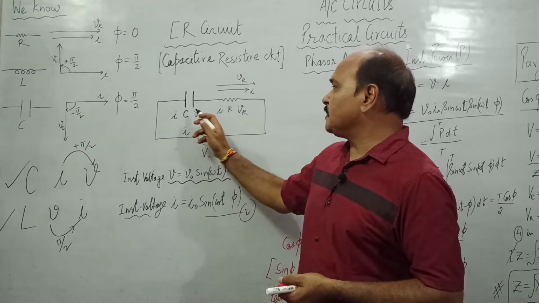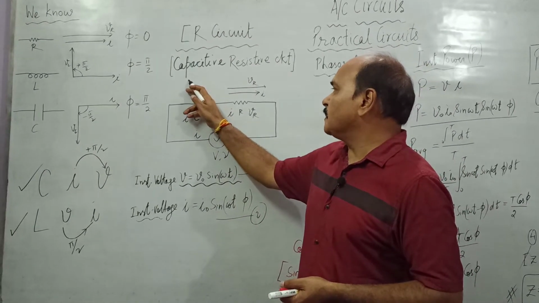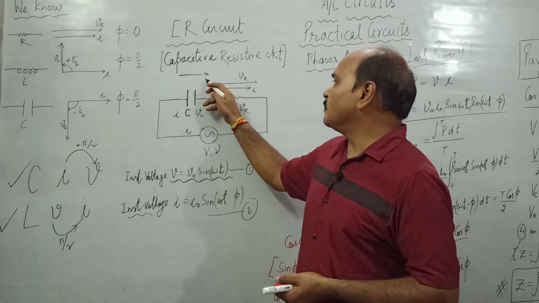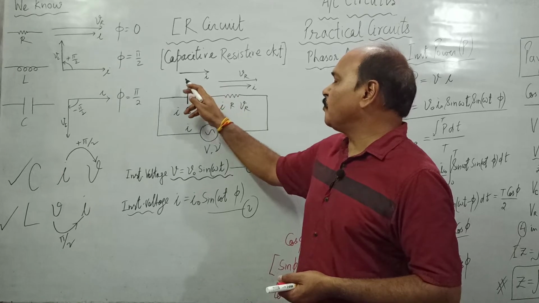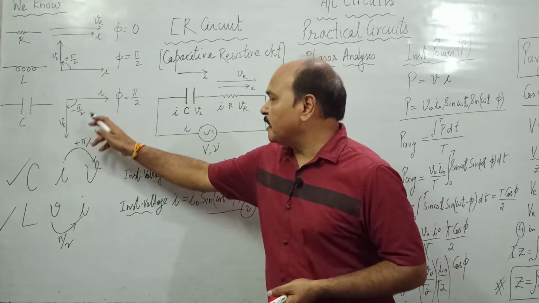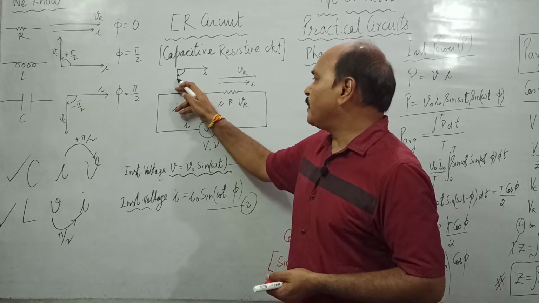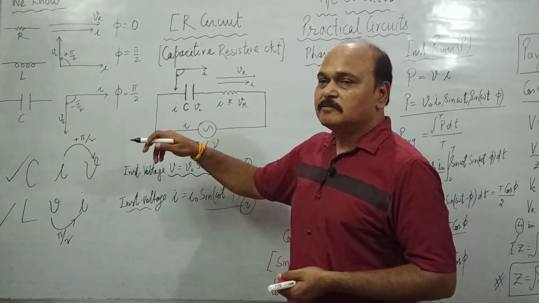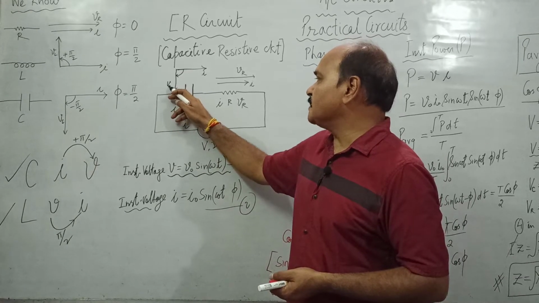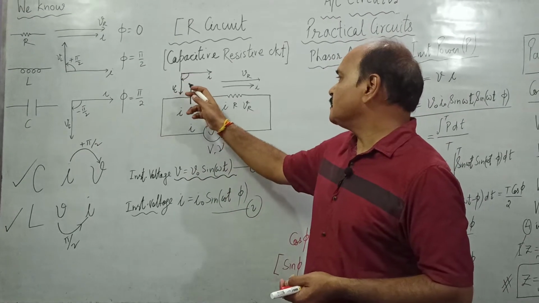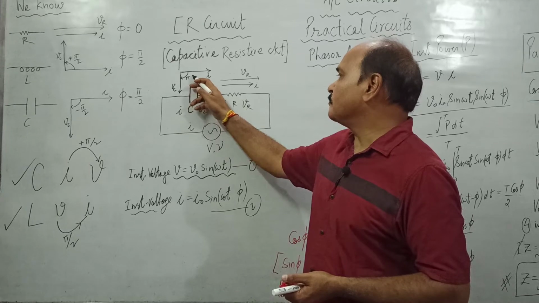Across the capacitor, if this is the current, then voltage lags behind current by phase pi by 2. So this is V across the capacitor, which lags behind current by phase pi by 2.